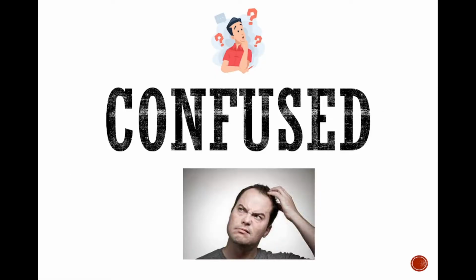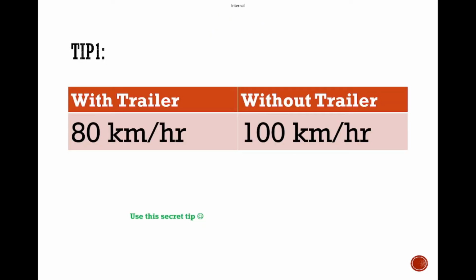Okay, I'm sure you're confused, right? But let me offer you some hints that would make it easier for you next time you see these questions. First tip: look at your question, and if you see something with a trailer, for example a car with trailer, a truck with trailer, etc., then the maximum speed is 80 km per hour.